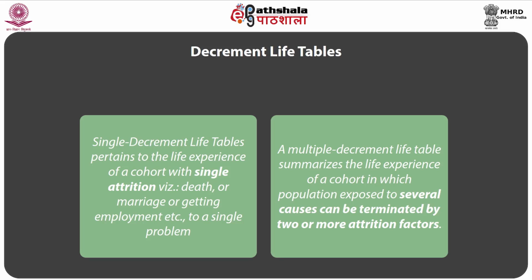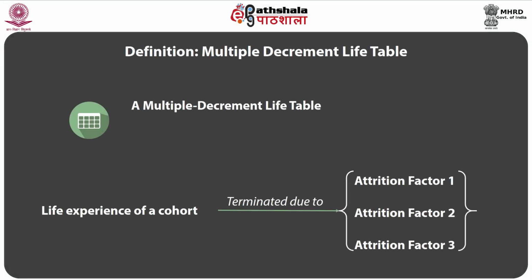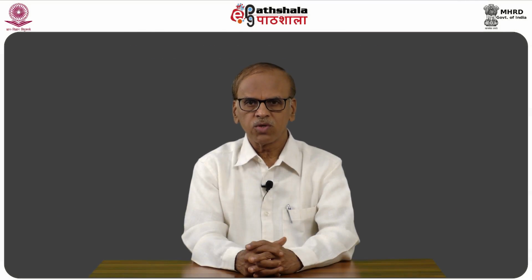A multiple decrement life table summarizes the life experience of a cohort in which the population exposed to several causes can be terminated by two or more attrition factors. Multiple decrement life table: life experience of a cohort, termination due to attrition factor 1, attrition factor 2, attrition factor 3. Description of terms used in multiple decrement life table.